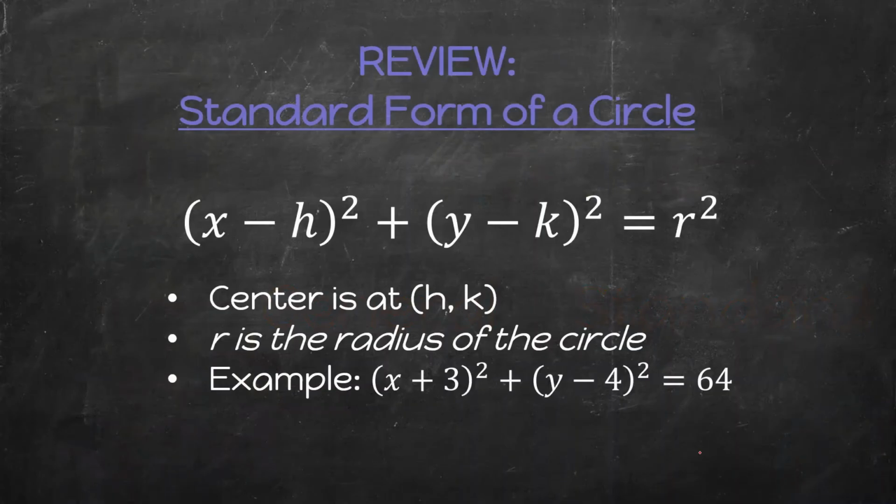First, bago tayo mag-convert or mag-proceed sa transformation, let's first have a short recap doon sa standard form ng circle. Okay, so basically, ang standard form natin ng circle is in a form of x minus h quantity squared plus the quantity of y minus k squared equals r squared, wherein yung h at yung k ay ang center ng ating circle.